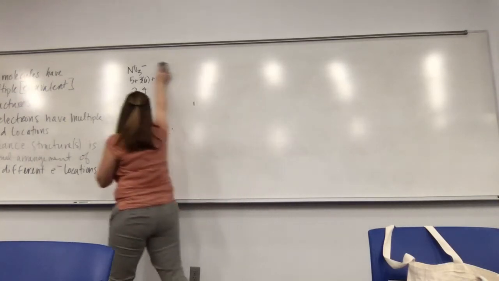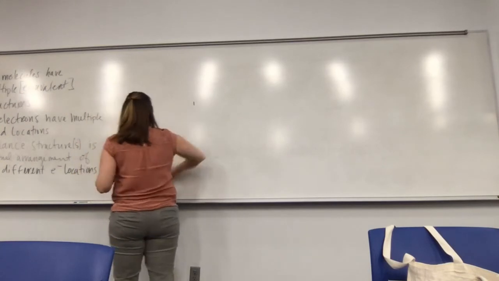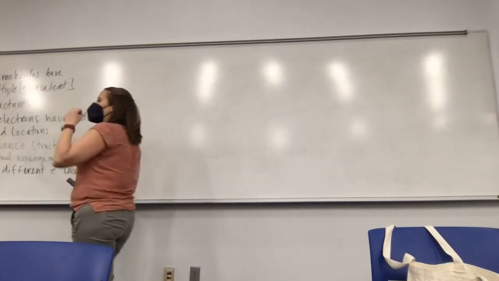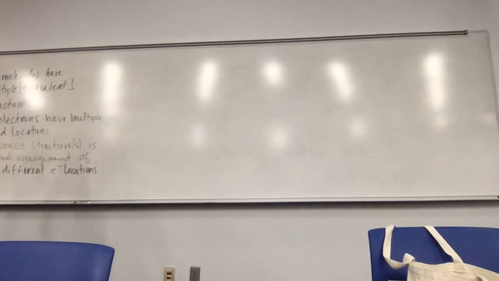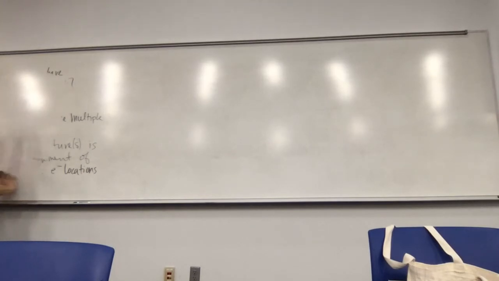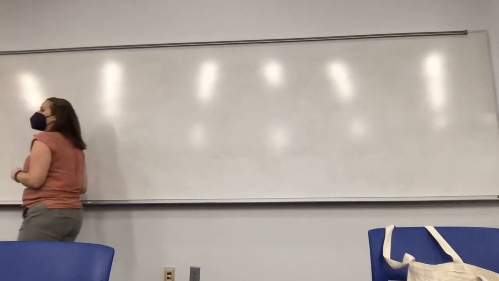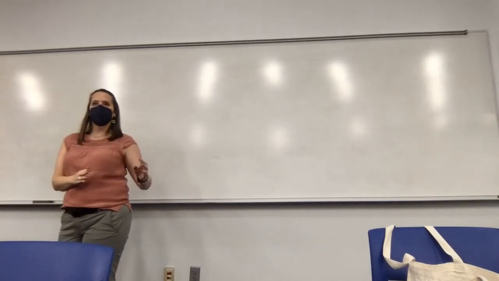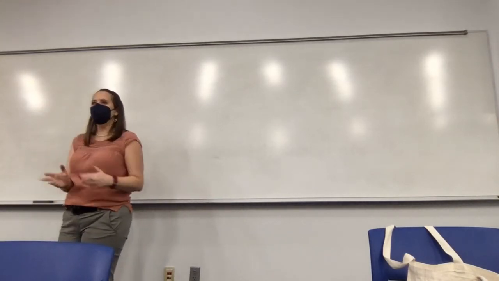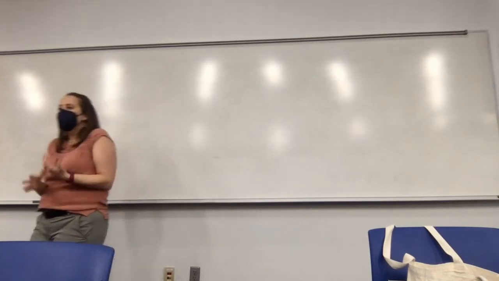And every now and again, the most rare of the exceptions is the exception where they have an odd number of electrons. Now, the reason this is an exception is because in order to have octet, you need to have 8 electrons. 8 is an even number. So if you have less than an even number, someone doesn't have octet.